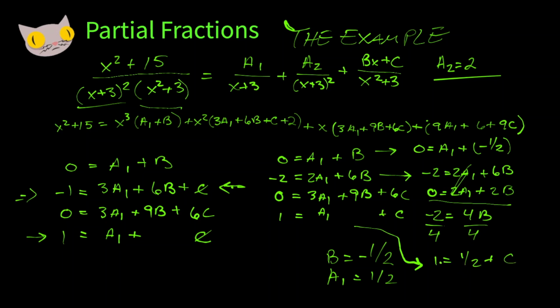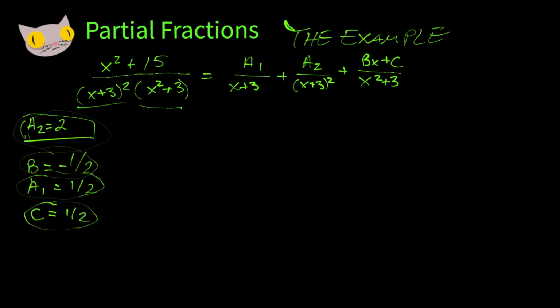Subtract 1/2 on both sides, and we can see that c is also equal to 1/2. And remember from before, we found that a2 was 2. So we have pretty much everything we need. a1 is 1/2, b is -1/2, c is 1/2, and a2 is 2.